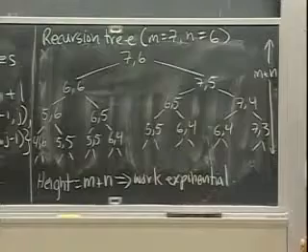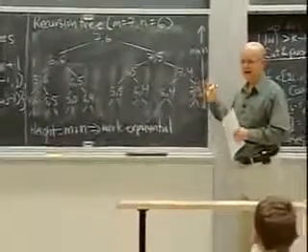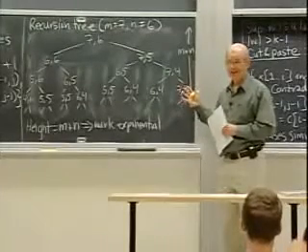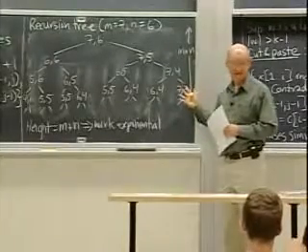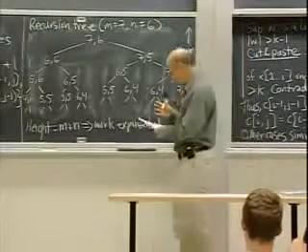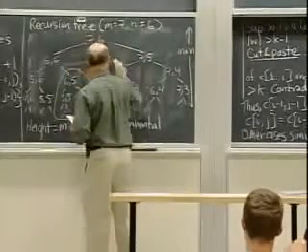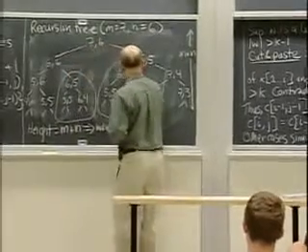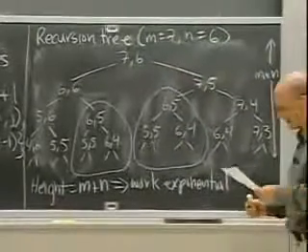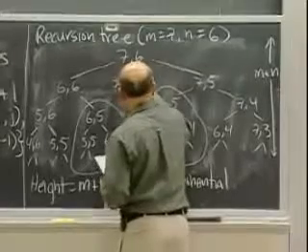Okay. But I'm sure that some of you have observed something interesting about this tree. Yeah, there's a lot of repeated work here. In particular, this whole subtree and this whole subtree, they're the same. That's the same subtree. Same subproblem that you're solving.